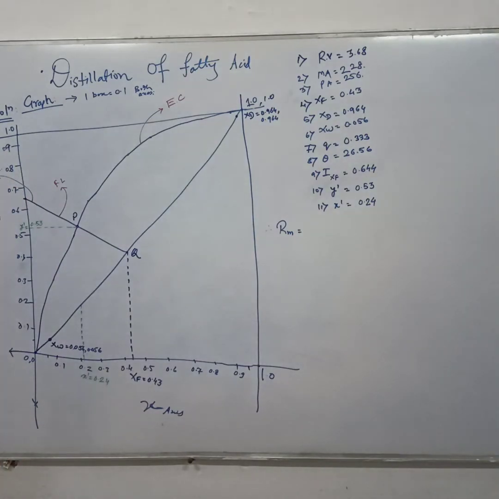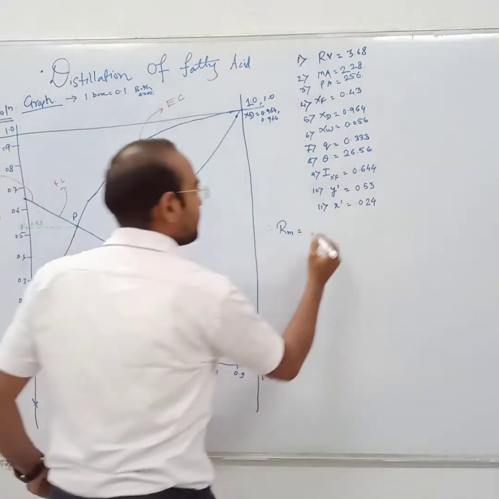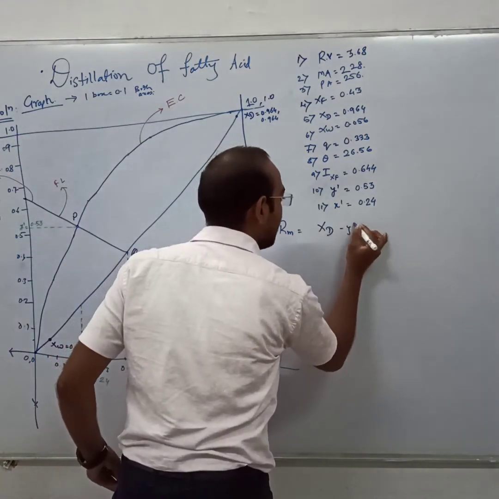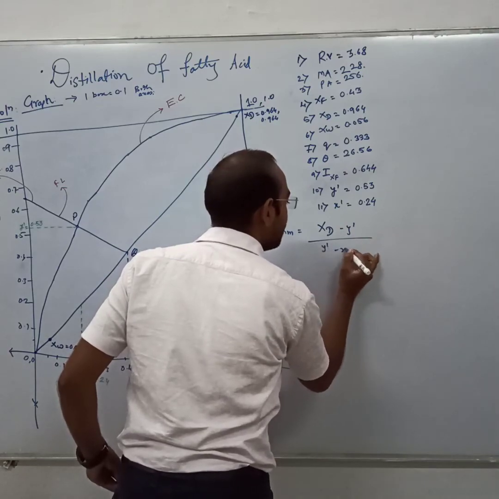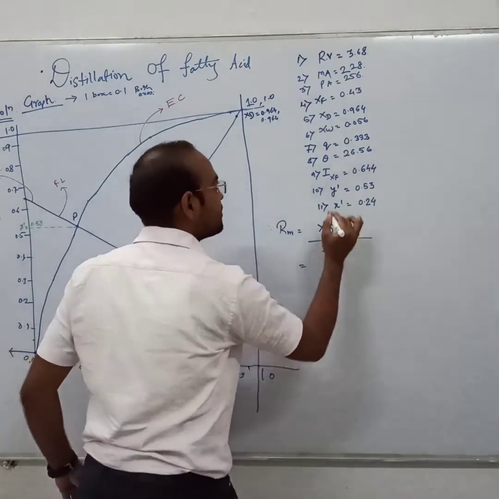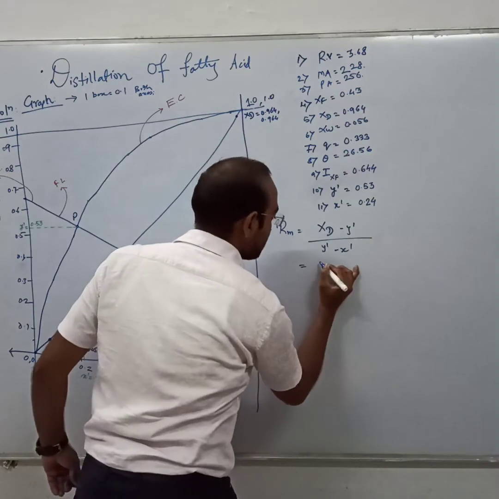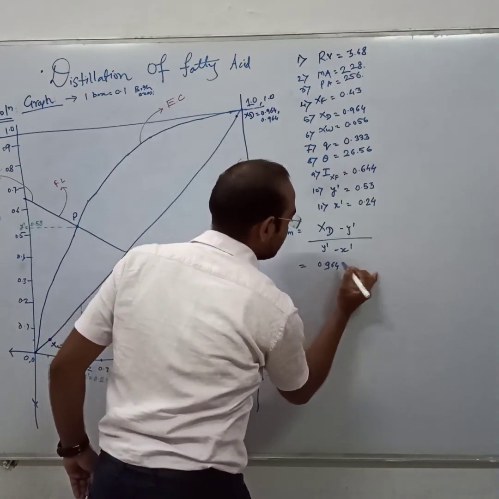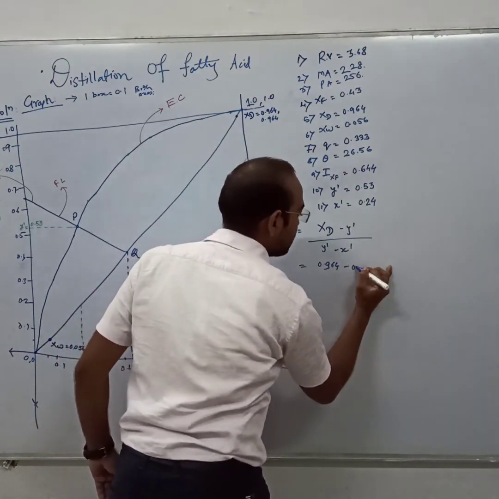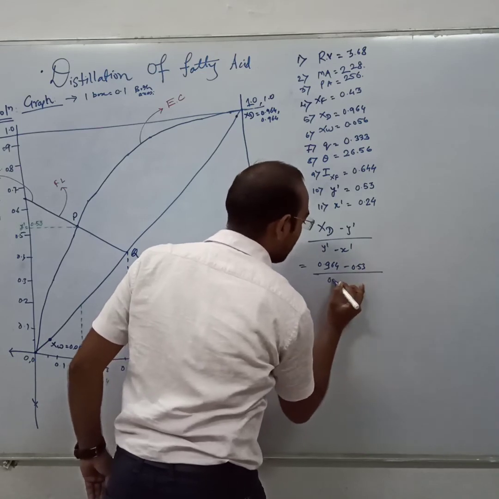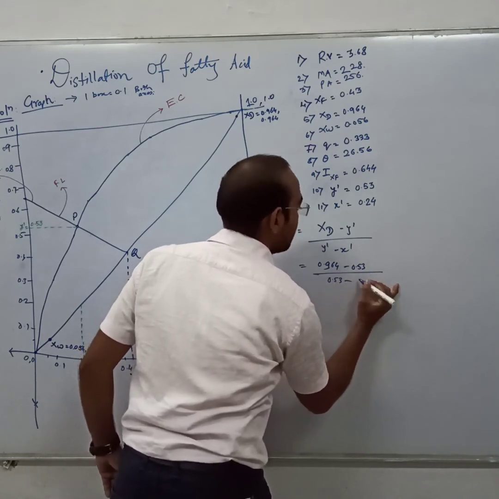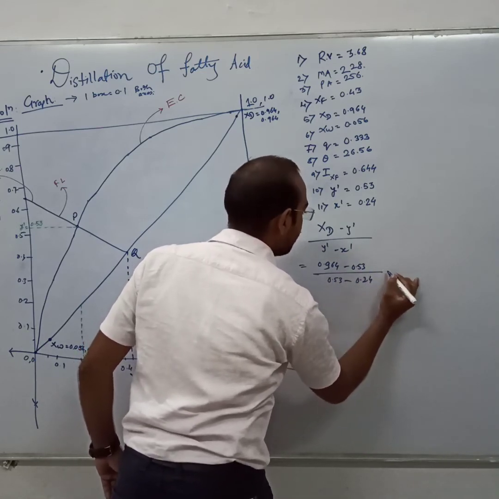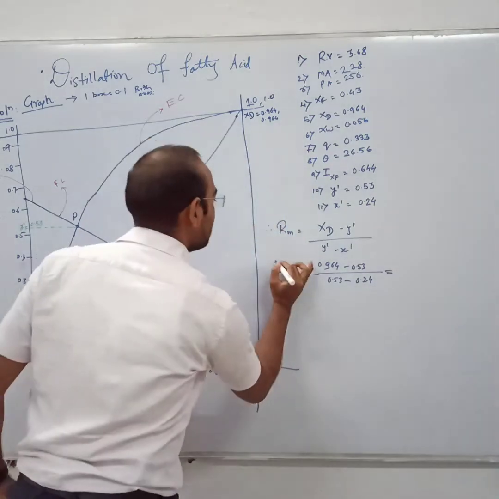Minimum reflux ratio is denoted by capital Rm, and it is calculated by a simple formula, that is xD minus y dash upon y dash minus x dash. So xD is already there, 0.964, minus y dash, 0.53, upon 0.53 minus 0.24, and how much are we getting as the value of Rm?